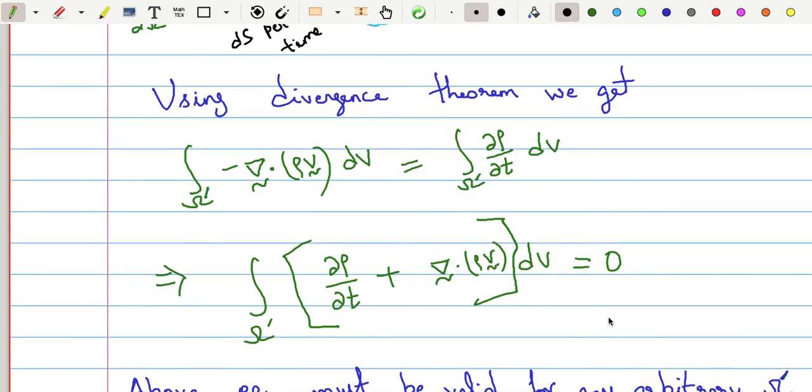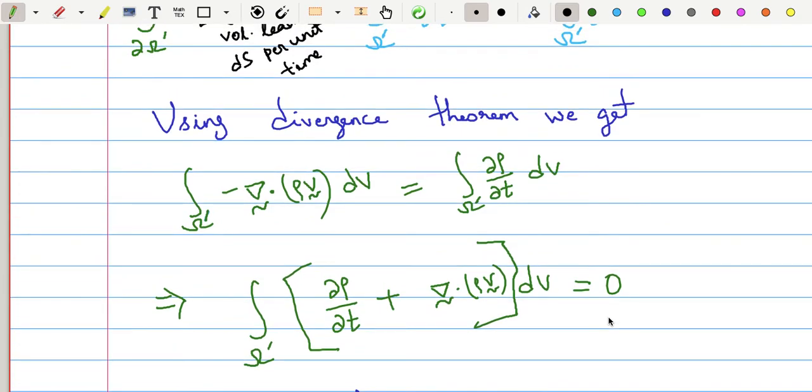Now over here, how did we pick this subdomain omega prime? It is arbitrary. You can pick it to be anything really within the overall region of interest. If you can pick it to be anything, then you can take it to be very small.